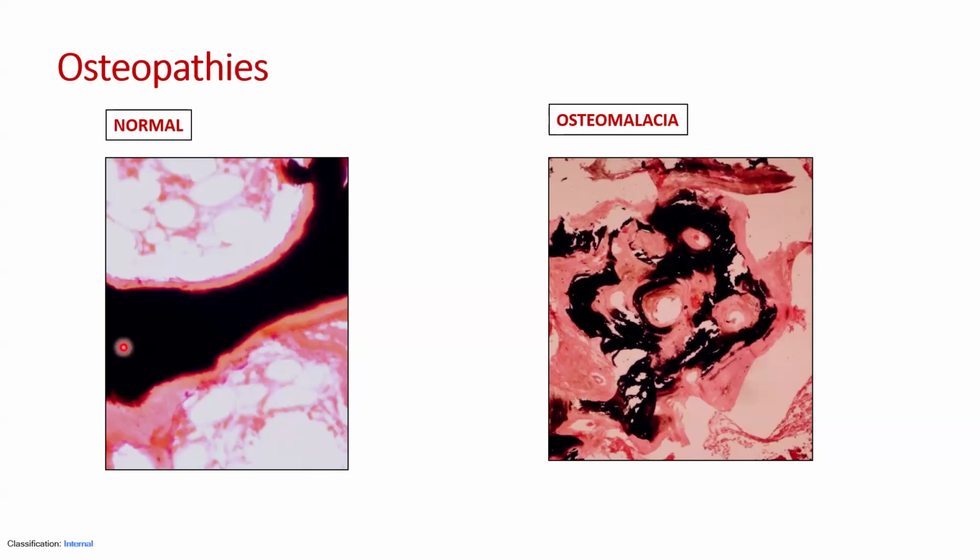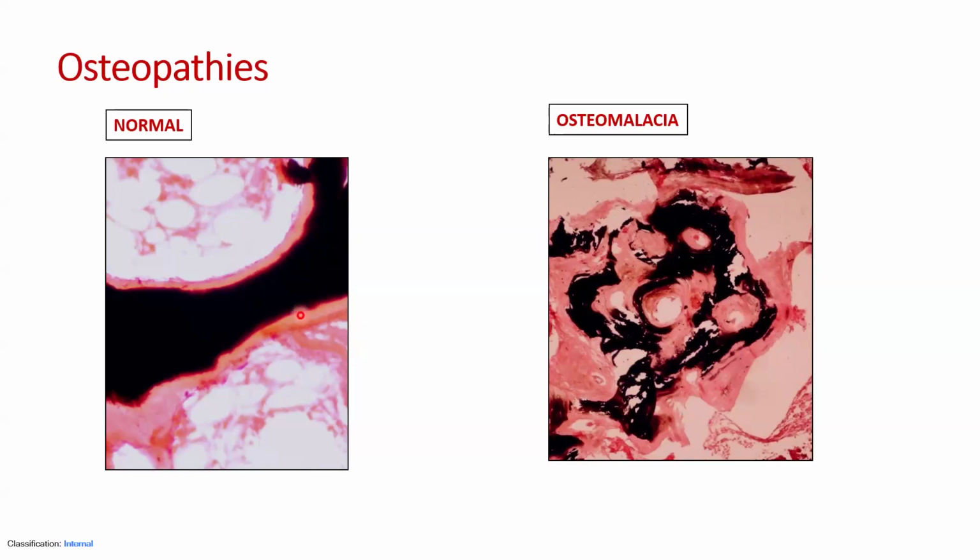And this is the von Kossa stain to identify the mineralization of the bone, that is, the presence of calcium in it. And this is the bone, and this is the osteoid, the unmineralized portion. Hence there is abundant bone, but this is actually very thin.